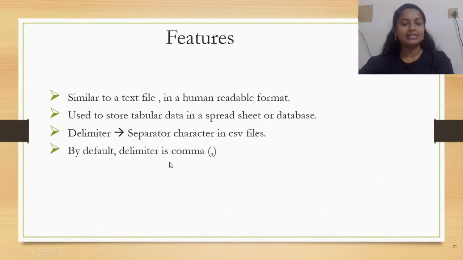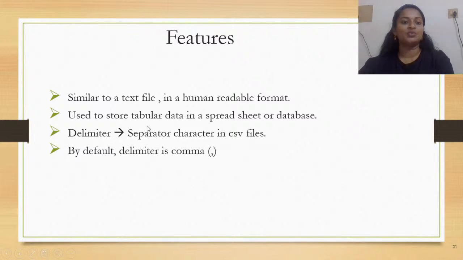So, yes, back to our class. Sorry for the disturbance. Right now we are discussing the different features of the CSV file. As I told you, it is very similar to a text file, because the data is being stored in a human readable format, right?